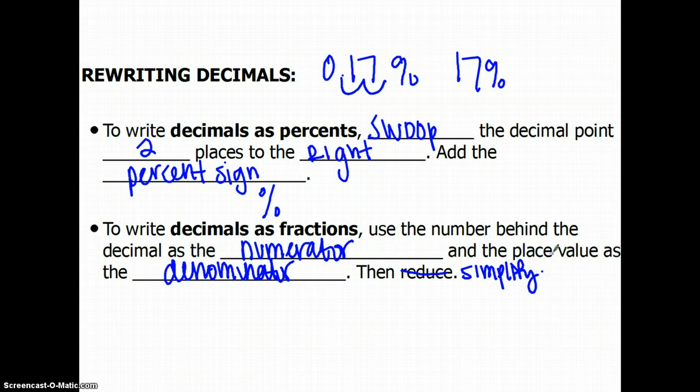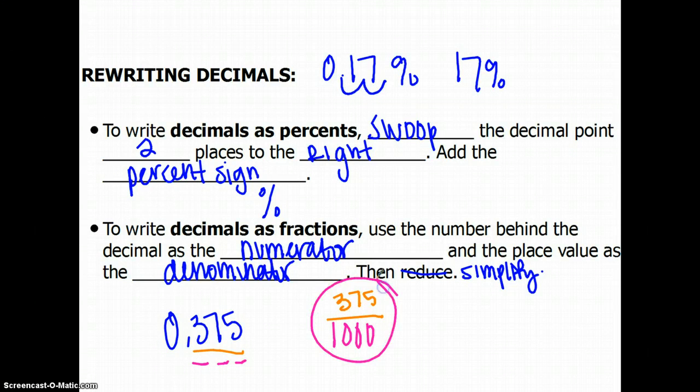When you hear me do this in class, say I have 0.375. 375 is my numerator. My denominator is the placeholders. So I count the digits to the right of my decimal. I'll have 1, 2, 3. So I need a 1 followed by that many zeros. And then I simplify this.